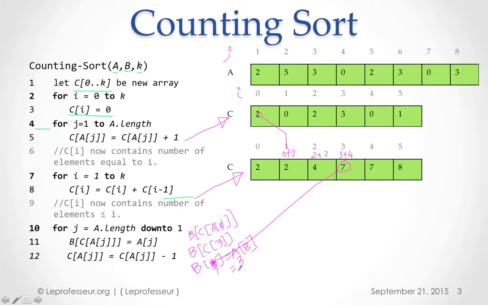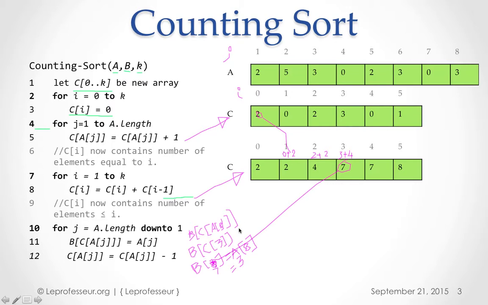So we got the position of 3 in our sorted array, which is 7. Simple. And then when we got this position, we decrement 1 from C, because now we know that we have placed one element in a sorted array.